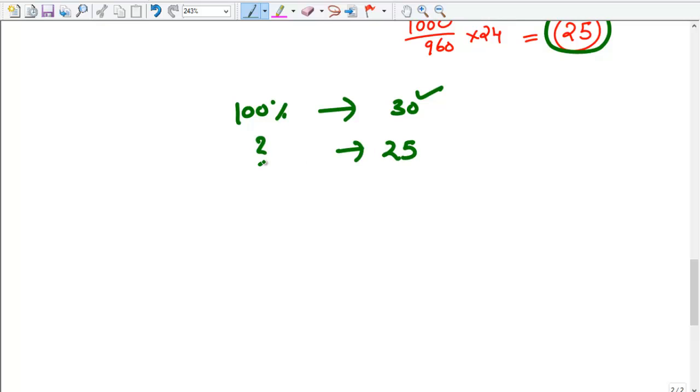How much is 25? That's going to be 83.33%. The customer initially expected 20% discount, but is actually getting a discount which is less than 20%. In fact, that is equal to 16 2 by 3.